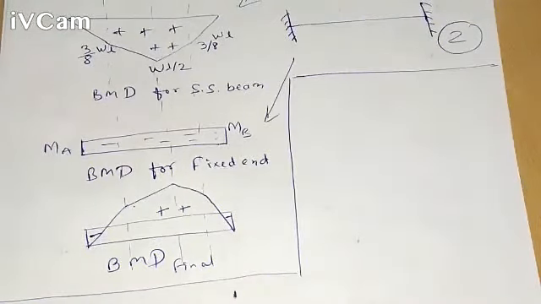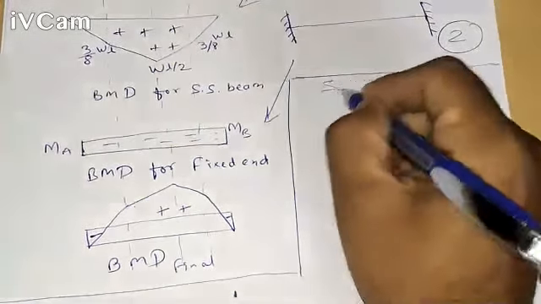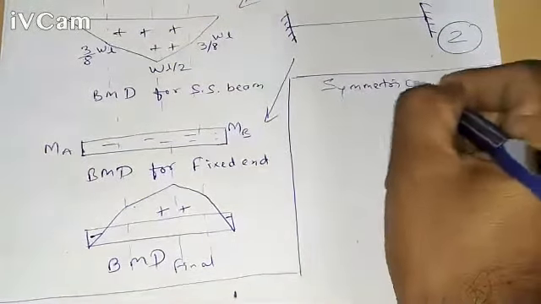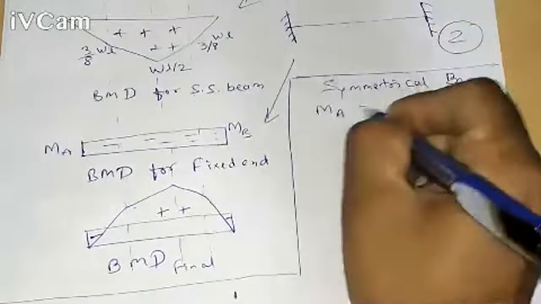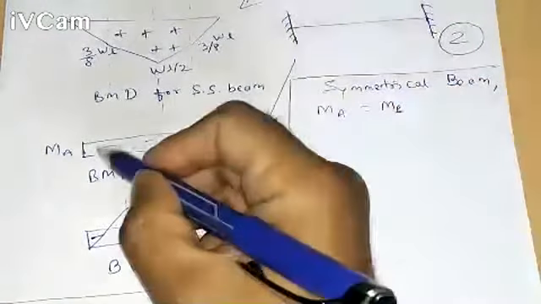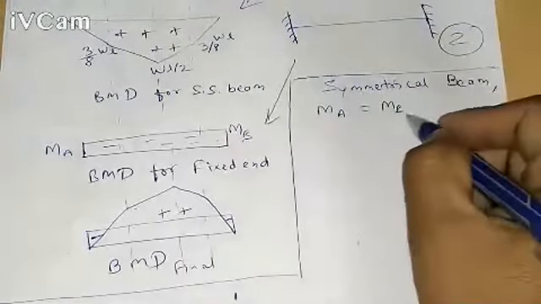Since it is symmetrically loaded, we can say that moment MA would be equal to MB. Whatever moment is there, since it is a symmetrical beam, this moment MA will be equal to MB. What is MA and MB? MA and MB will be this one. So that is equal.